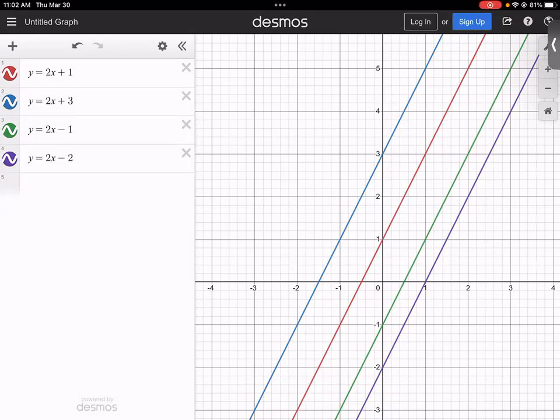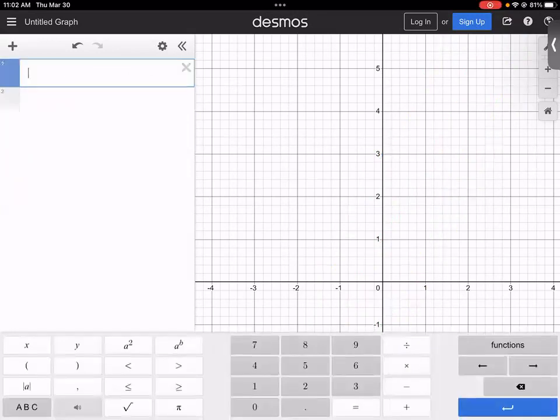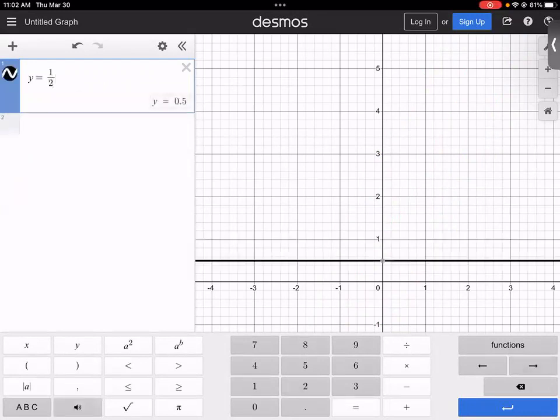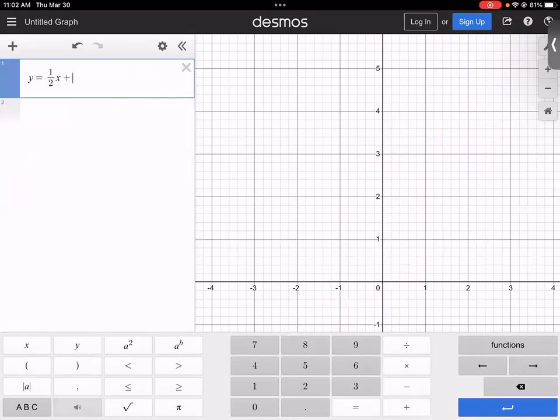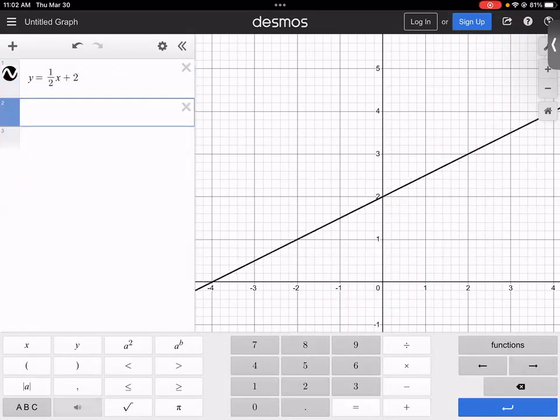Okay, so how about I do this? So I'm going to put in the line y equals 1/2 x plus 2. And I'm going to put in the line y equals -3x plus 2.